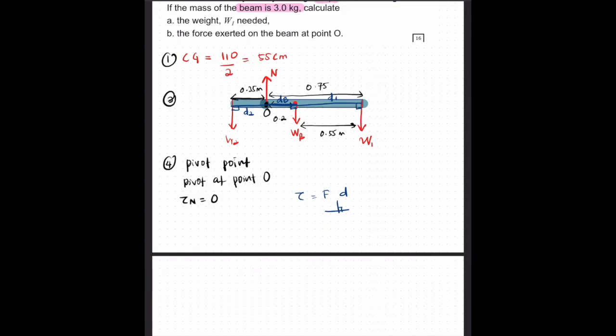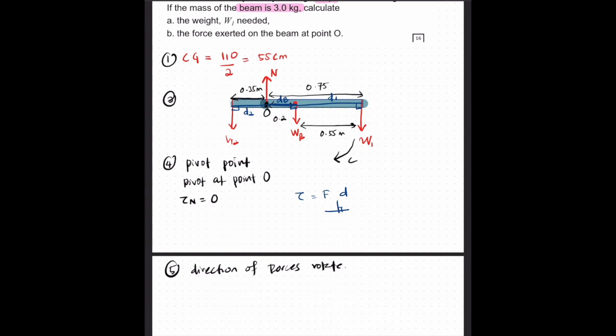Fifth, we need to find the direction of torque of the forces. For force W1, when you pull the beam downward, from the axis of rotation, the pivot point here, this beam will rotate clockwise.